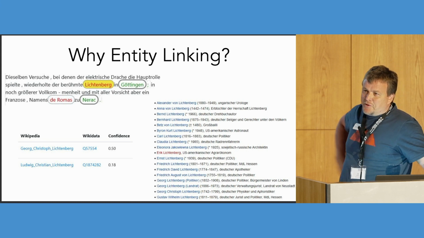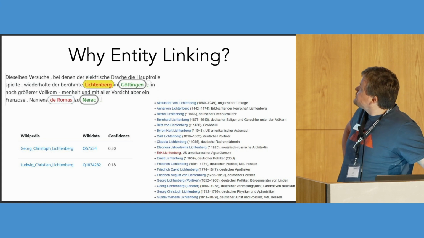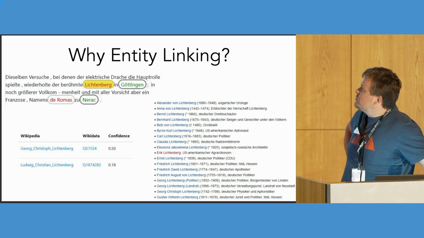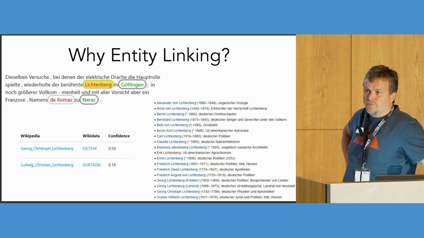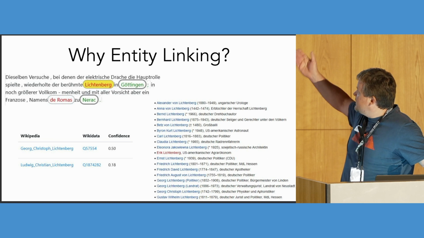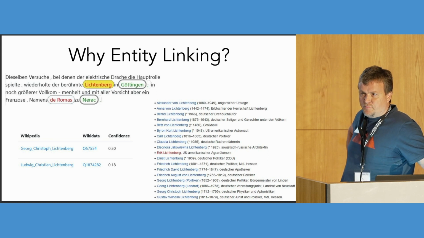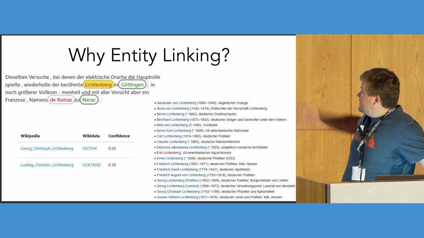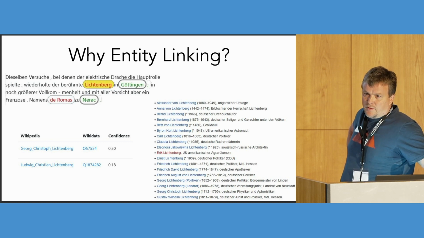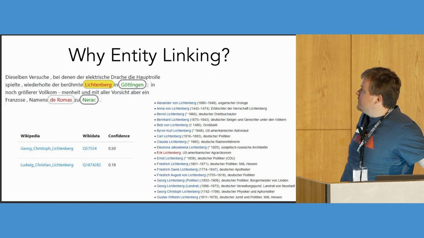the corresponding entry? And if you do the naive approach and just search for Lichtenberg, for example, in Wikipedia, you get a pretty large list of people who have the last name Lichtenberg. This is only a small excerpt from the entire list. It's much bigger.